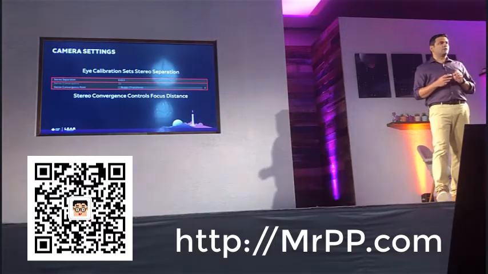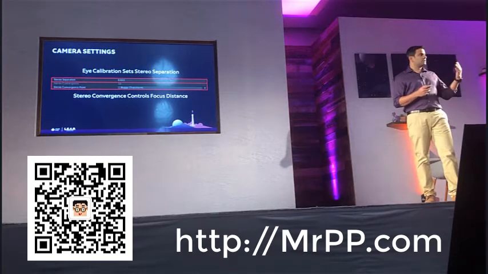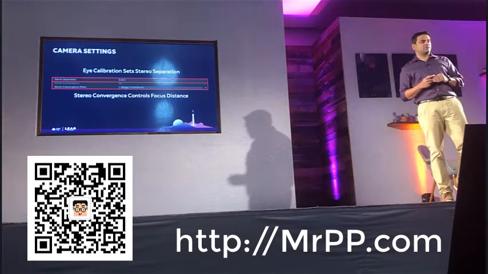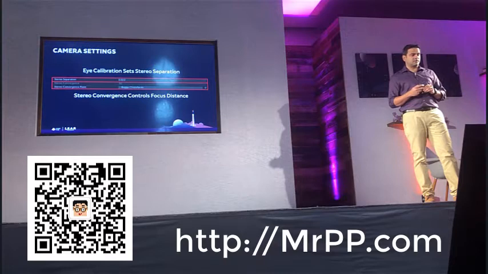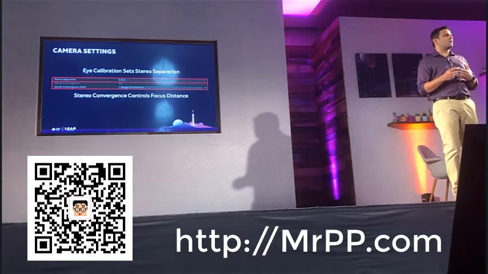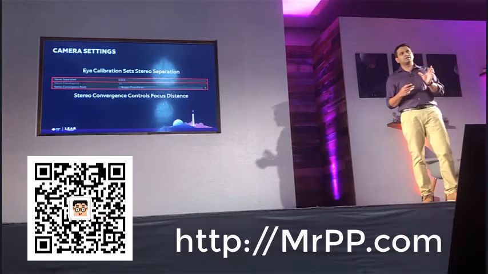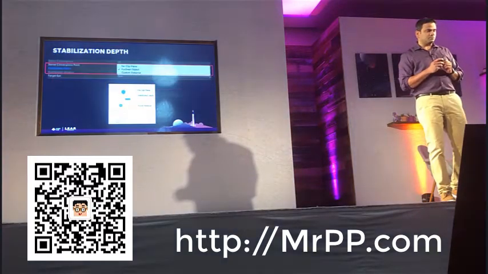One thing I want to point out here is by default, we use the eye calibration data to decide which depth plane is used for rendering. But if that fails for some reason, we use the app supplied value of stereo convergence distance here. And stereo convergence point is just a convenient way of calculating the focus distance by setting the game object that the user might be focusing on.